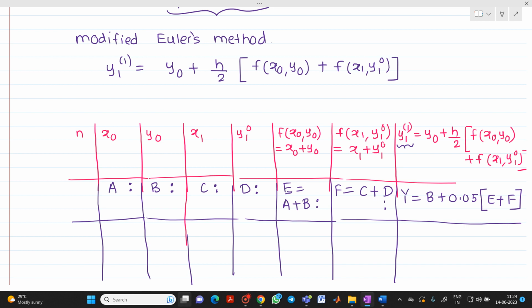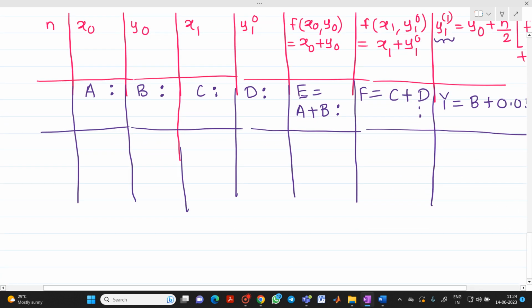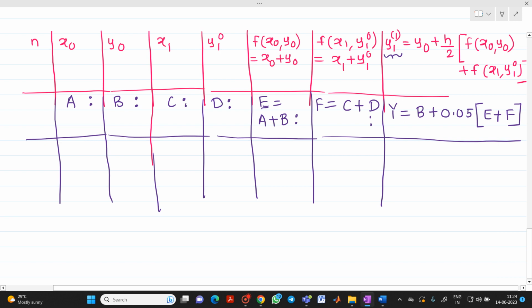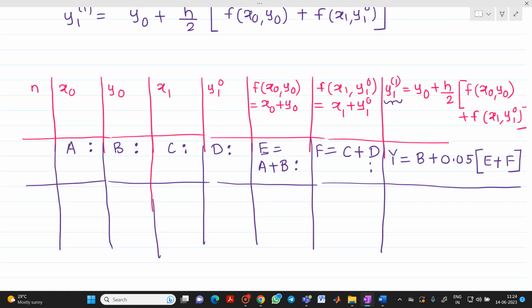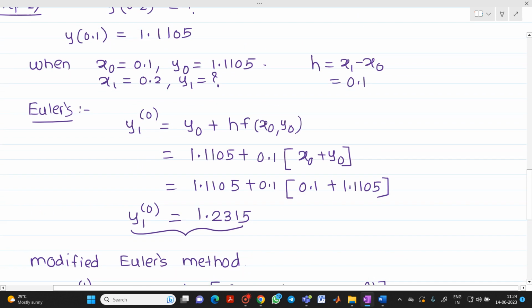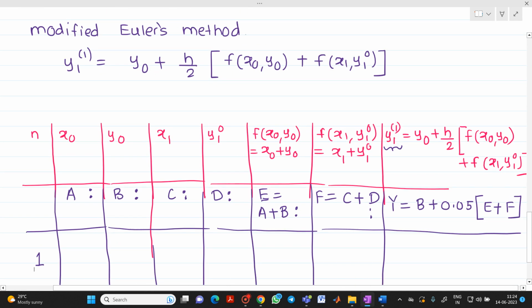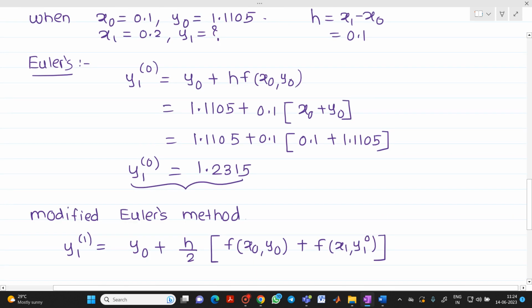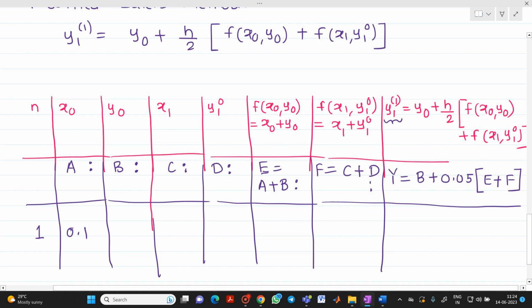So here if you see, we will start from iteration number 1. Now what is the value of x0 here? In this iteration, value of x0 was 0.1. So let me write it here. This is 0.1. What is the value of y0? It is 1.1105.